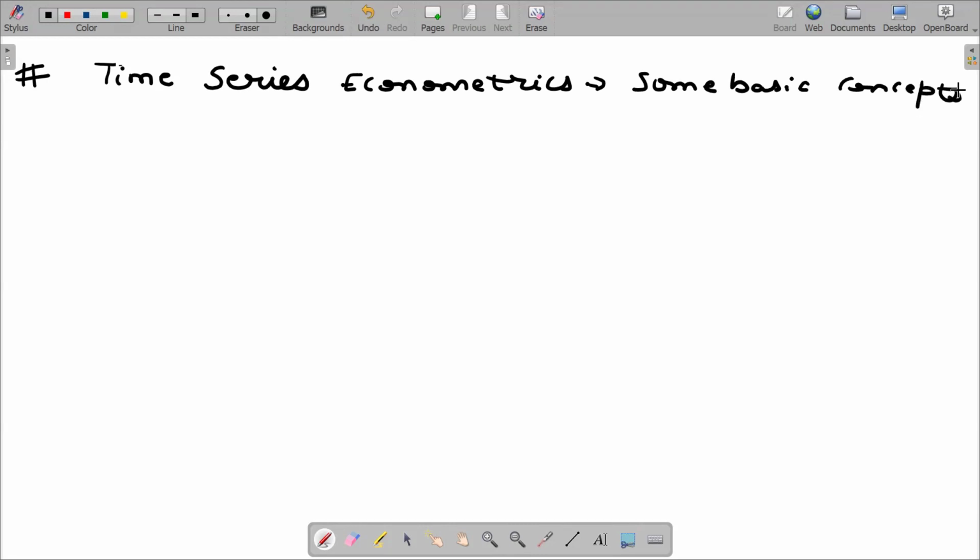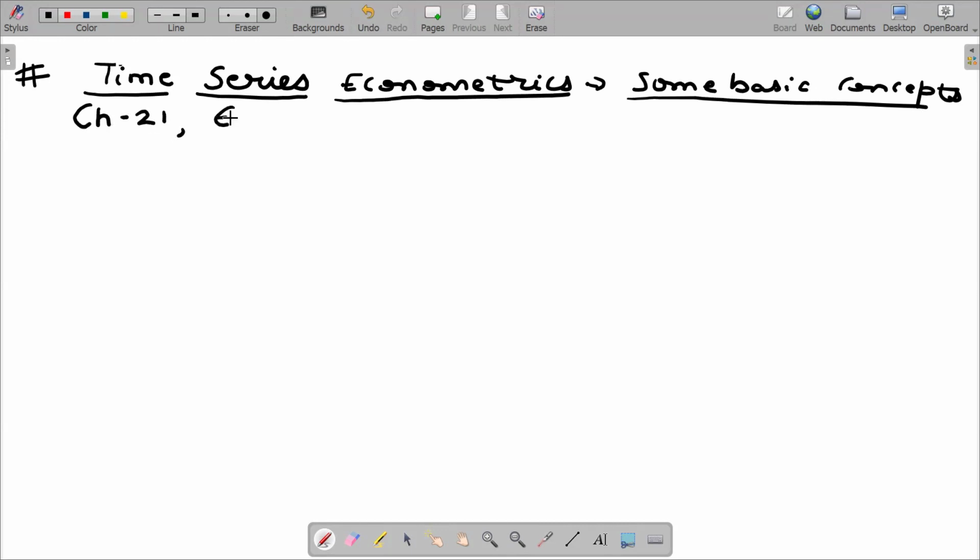And I'm writing the name of the book which I'm following for my lectures on this module. Formally, this is chapter 21 of the book Essentials of Econometrics by Gujarati and Porter.